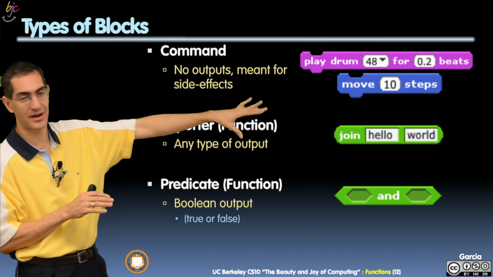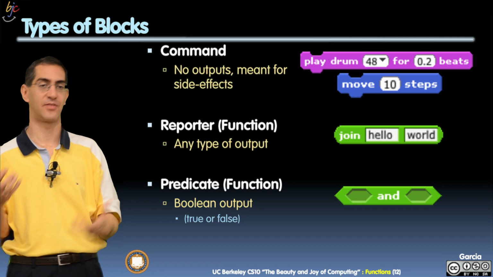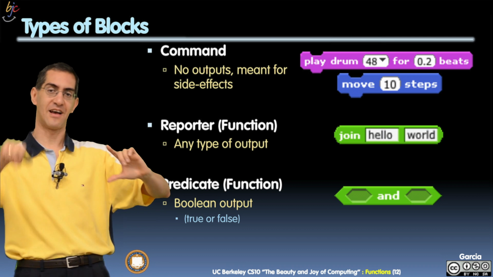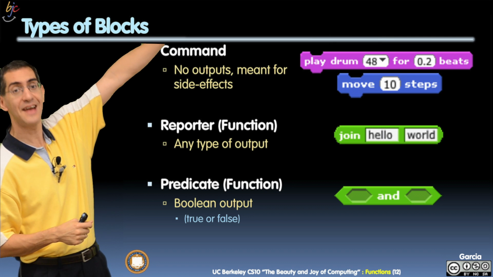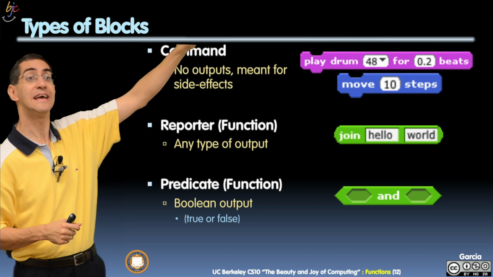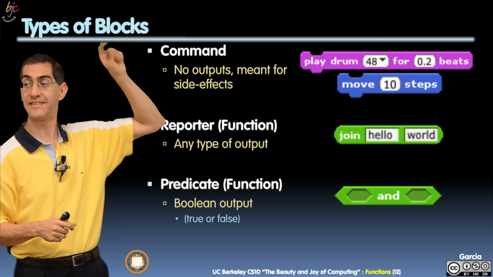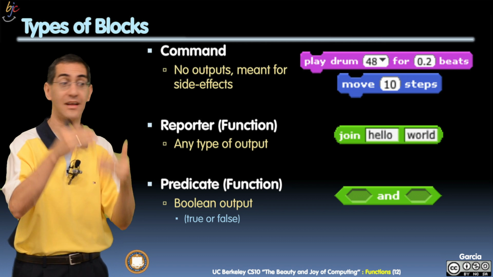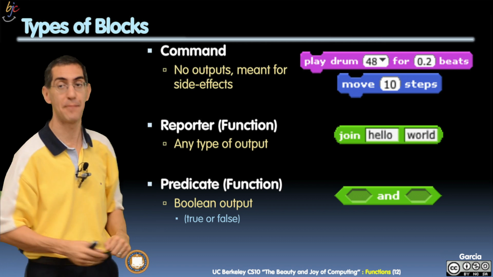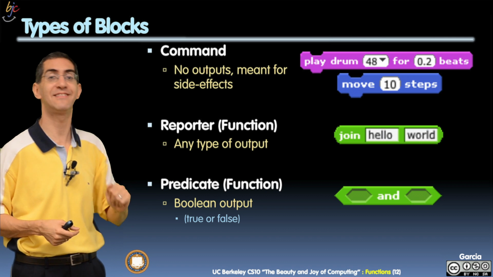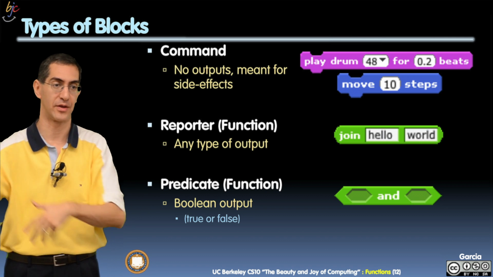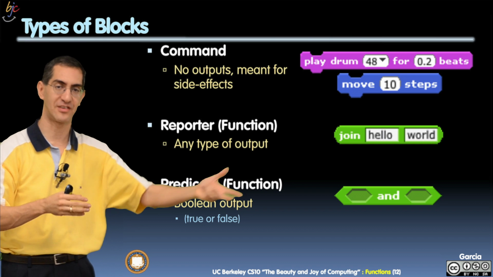Don't get confused by a predicate. It's just like a reporter, it just happens to have a special six-sided polygon shape which returns a true or false. But it's also a reporter. A command is the top guy. A command is not a function. It is a do-something block. It is exactly the purpose of a side effect. For example, move 10 steps, and all of a sudden your sprite goes blink, or play a sound, or make the robot do something, or draw a picture, or change some state.